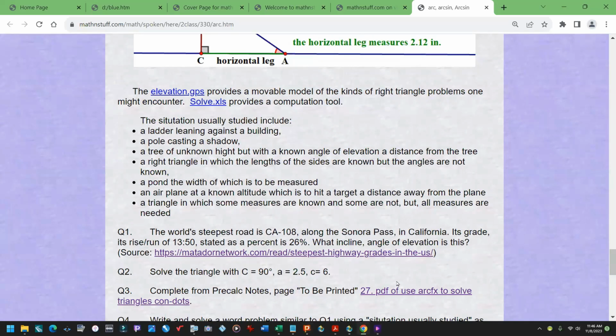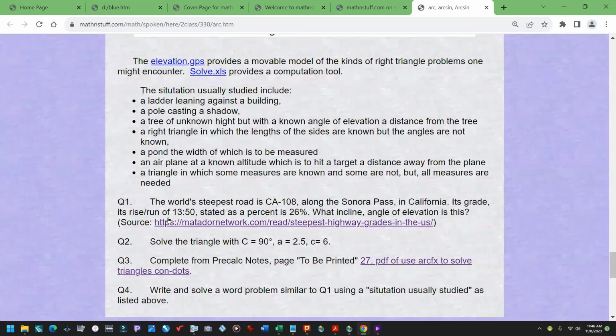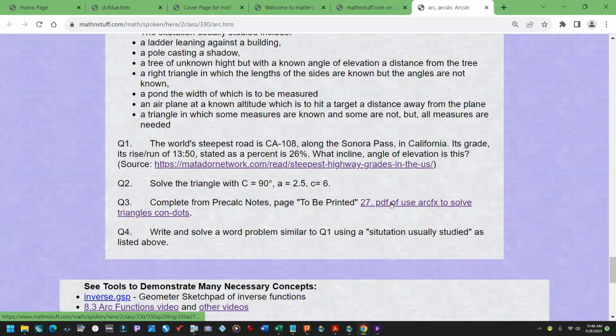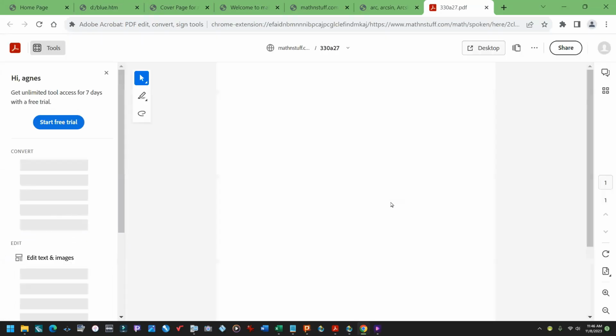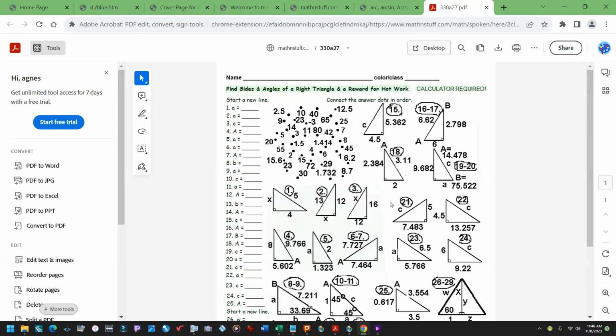So we've done 2 problems. Your homework is to do the connect the dots. This requires the arc functions.